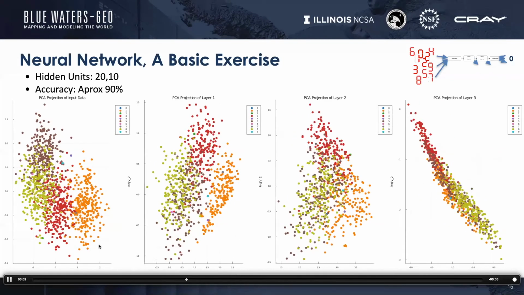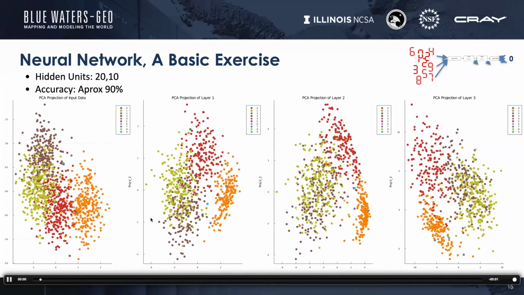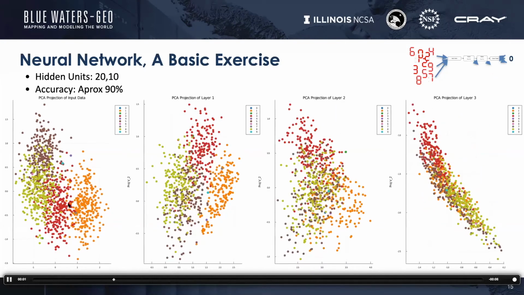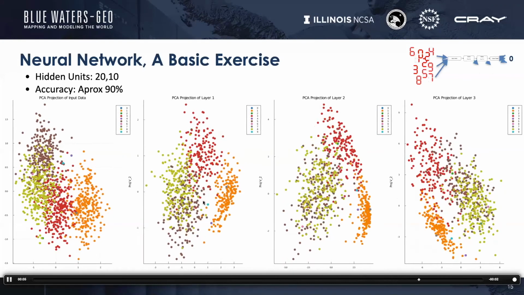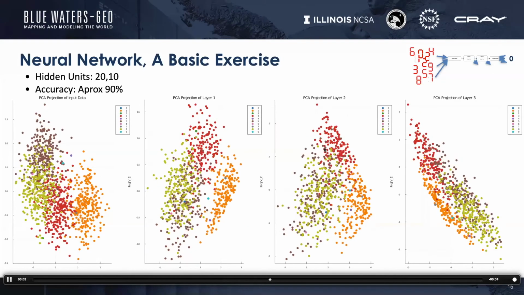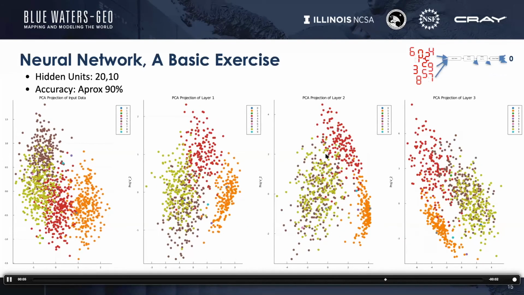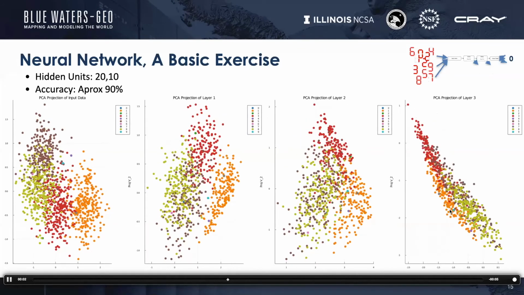And so you'll notice once this loops back, when we get started, on the left is the input data. The first one in the middle is the output of the first layer, and the second plot in the middle is the output of the second layer. And then on the far right is the output of the output layer.